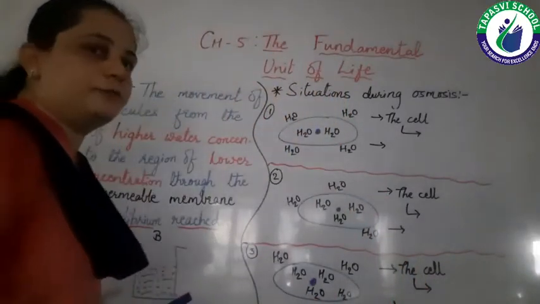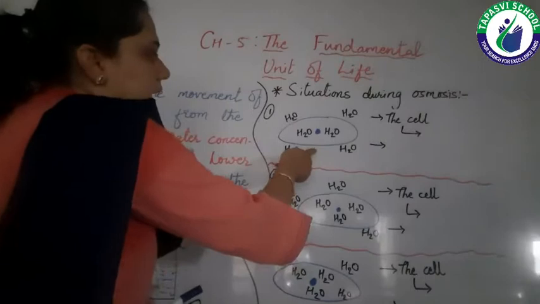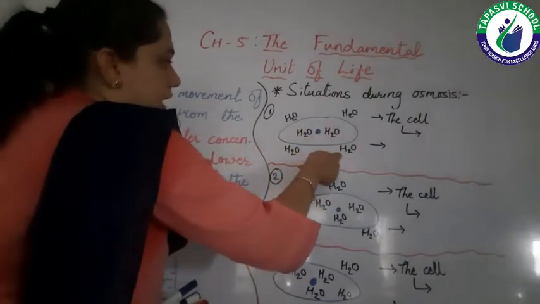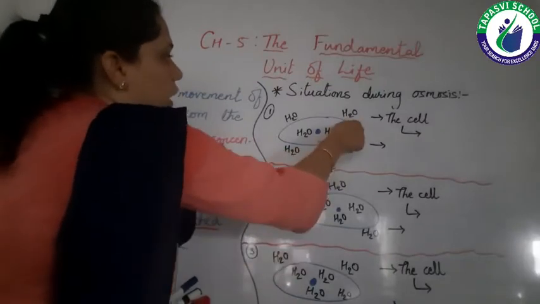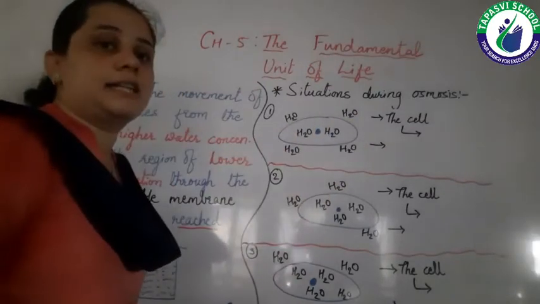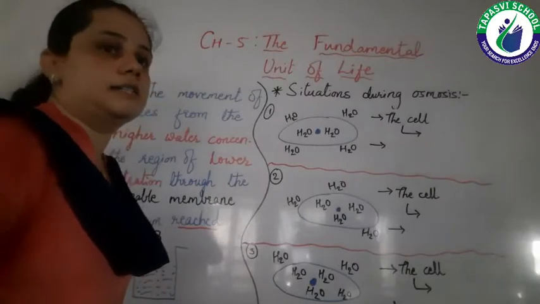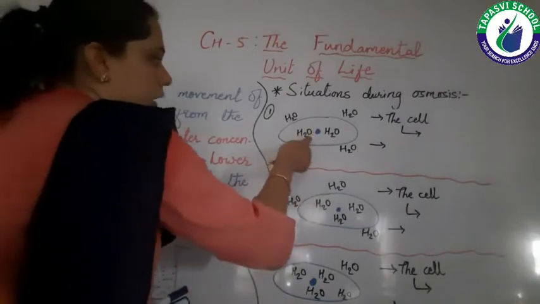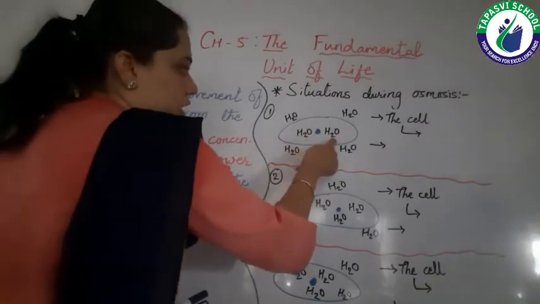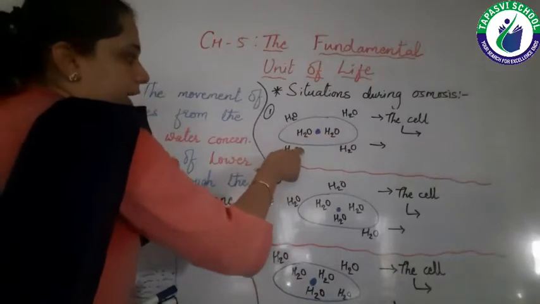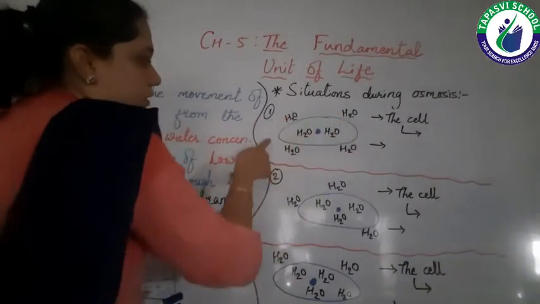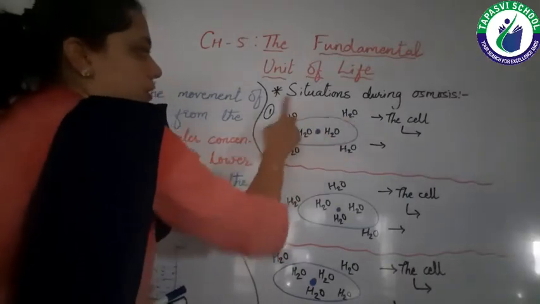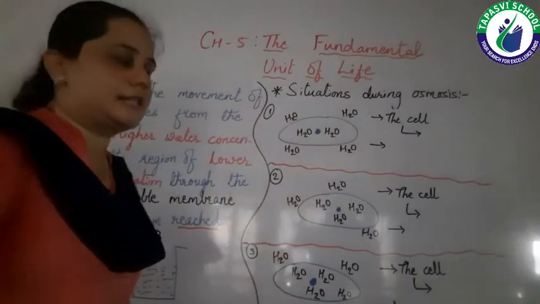For example, first we put the cell in a container which has good water concentration, means higher water concentration. So what happens? Here inside the cell is the lower water concentration, and outside is the higher water concentration. You can see by just counting the water molecules. This is just an example to understand.